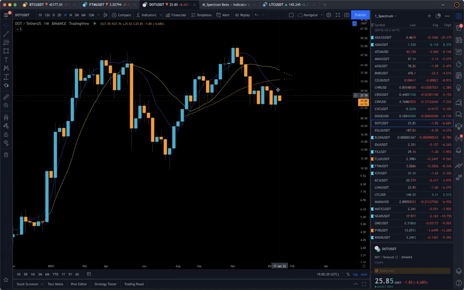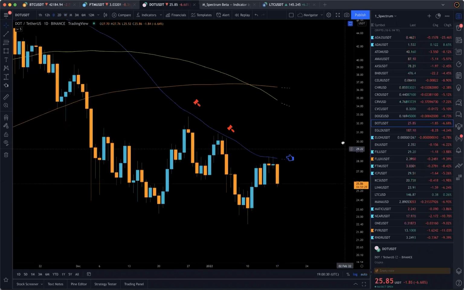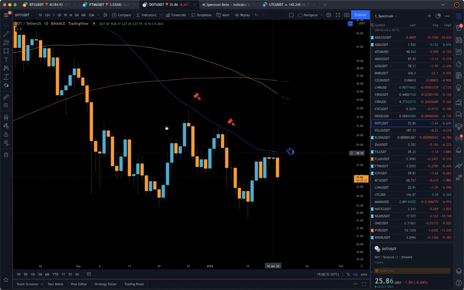Dot is on a weekly, it has to work hard. It tried a lot to break above the blue, but was not able to break above. On daily also, look at this. This is a beautiful test, because some data points were past data, we released this indicator in the first week of January, I think on 1st or 2nd of January, and these are present data.